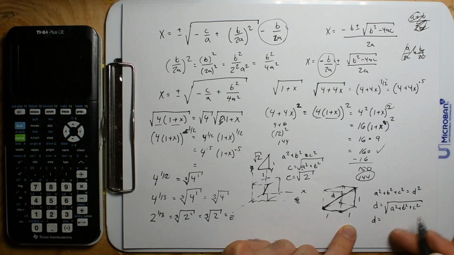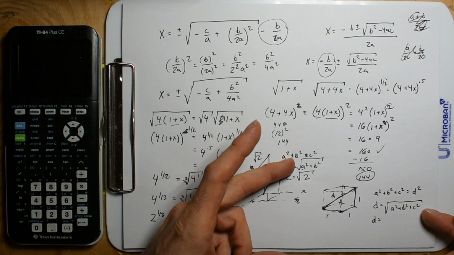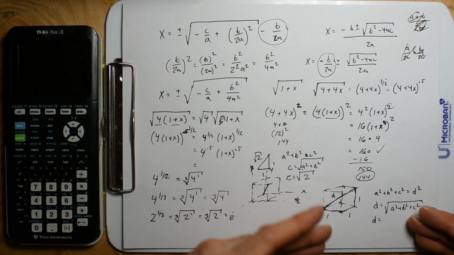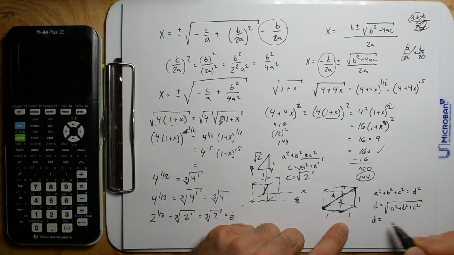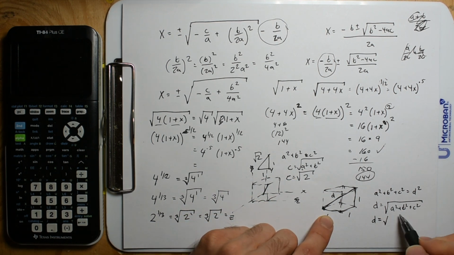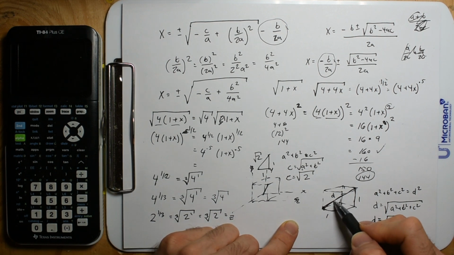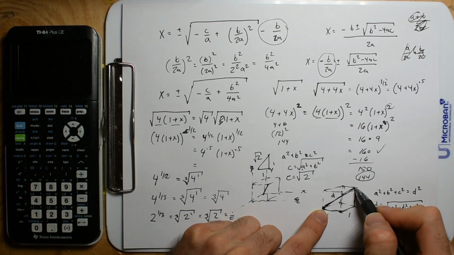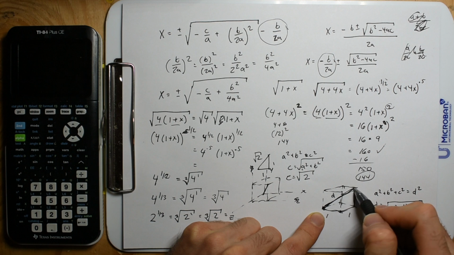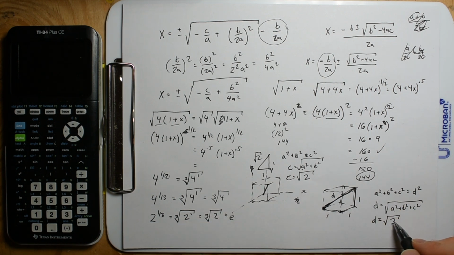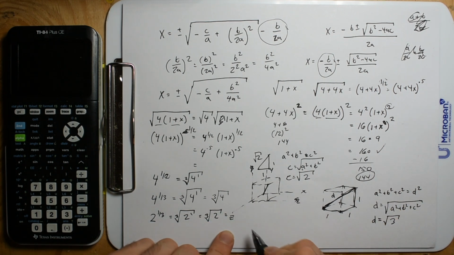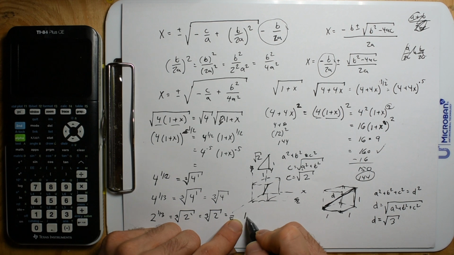I'm not going to prove it, but it's so similar that you can kind of trust it and then memorize it. So this is going to be the square root of 1 plus 1 plus 1, and that's 3. So the diagonal distance crossing a cube is the square root of 3.